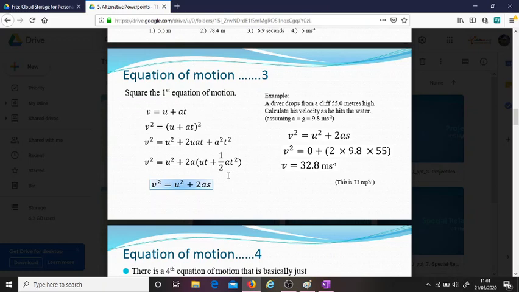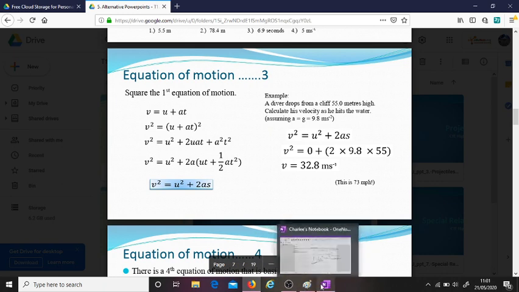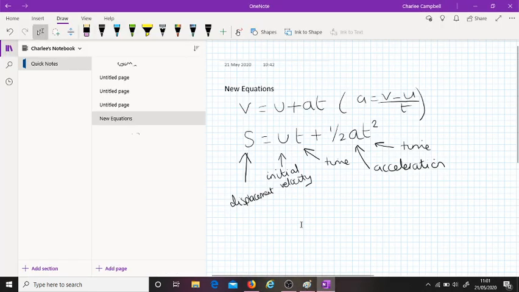You don't need to know that. You don't need to know the proof of the equations. Again, you just need to know what they mean and how to use them. So v squared equals u squared plus 2as. So we'll go back and write this into our new equations here. So v squared equals u squared plus 2as. And again, everything's the same. Final velocity, initial velocity, acceleration, displacement.